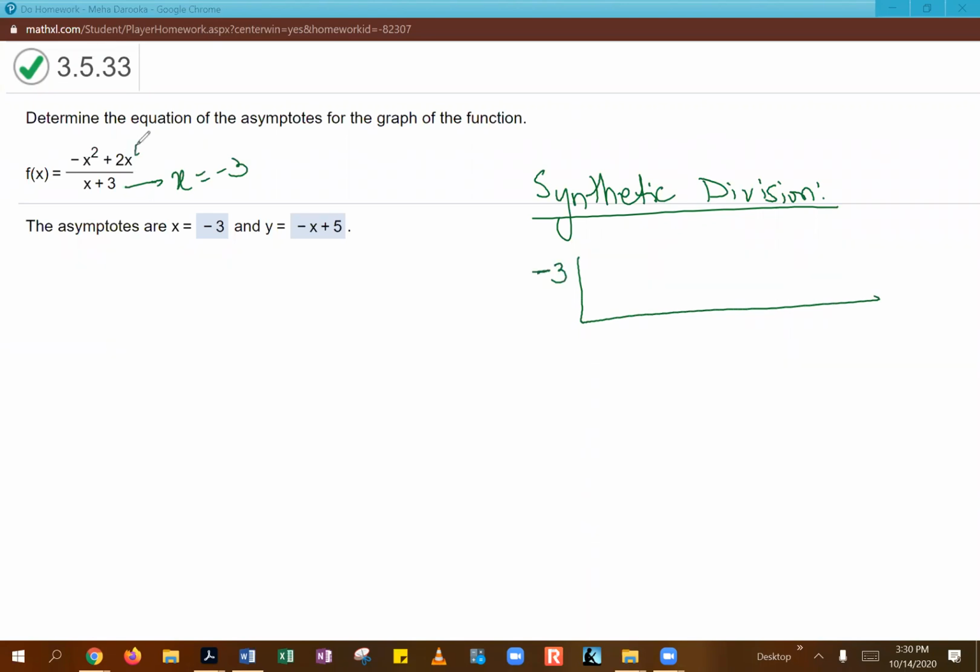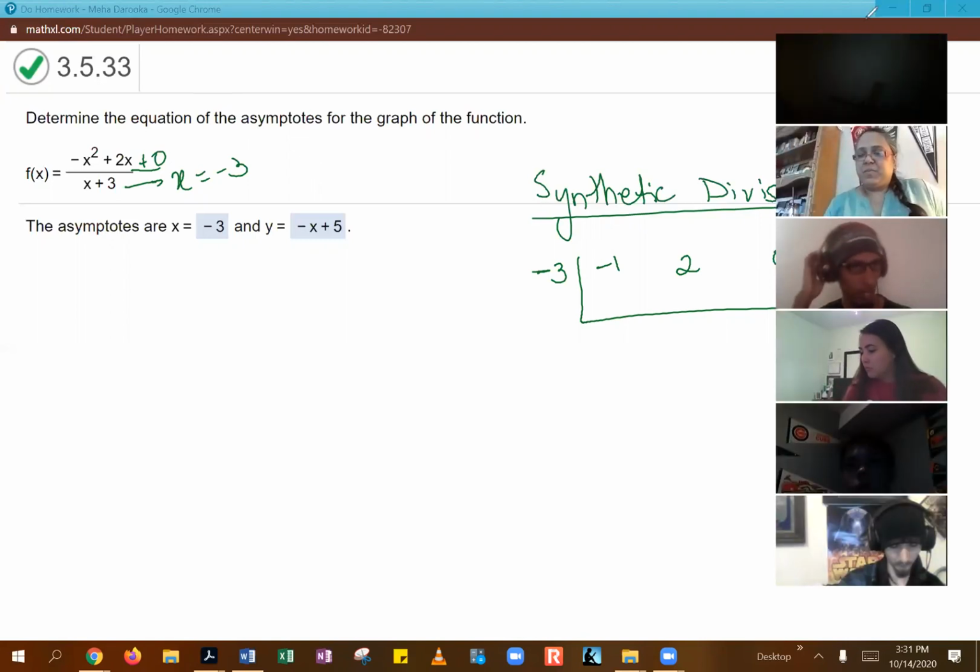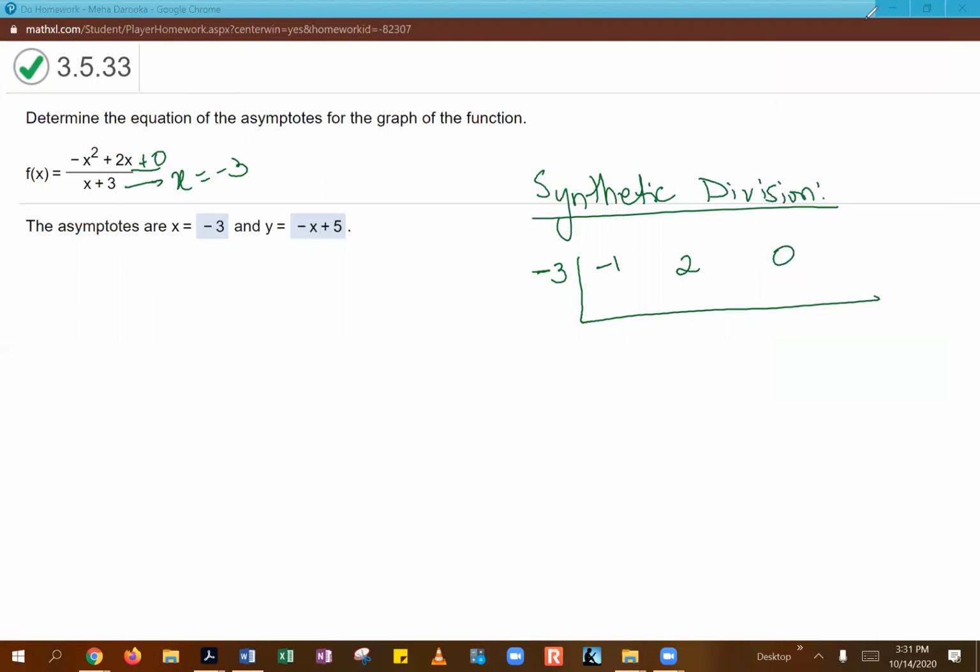The coefficients from our polynomial on top are negative 1, positive 2. Since we don't have a constant term, you need to put a plus 0 in there to hold the space for the constant term. You saw we didn't have to do that with long division because it automatically created a space for it, but with synthetic division, we need to put the 0 in there.